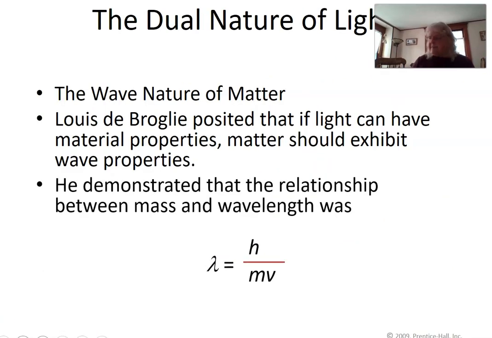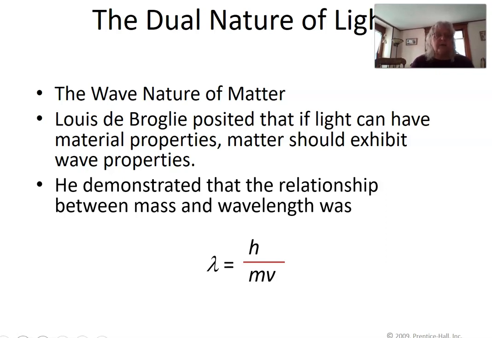At the same time that scientists were thinking about the idea that light had both a wave-like nature and a particle-like nature, they started wondering if they could apply this to basically everything. If light can behave like both a wave and a particle, then maybe things that we've always thought of as behaving like particles could also behave like waves. Louis de Broglie posited that if light could have material properties, then matter should also have wave properties.